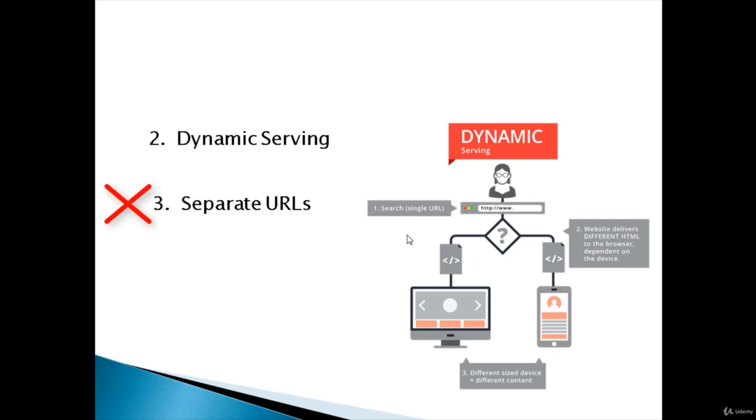Google doesn't recommend the third one because it finds out easily that the URLs are different between the web pages appearing on the desktop and those appearing on cell phones. This is not a smart way of doing it because you need to have two different URLs.